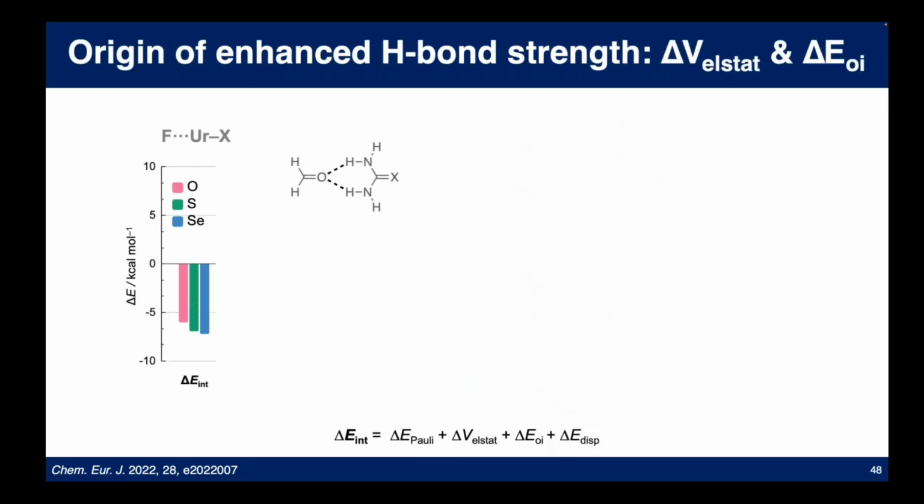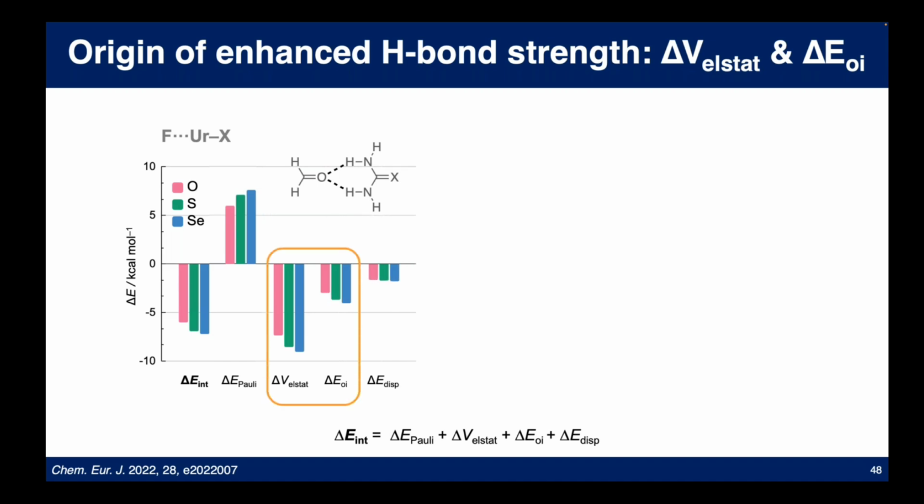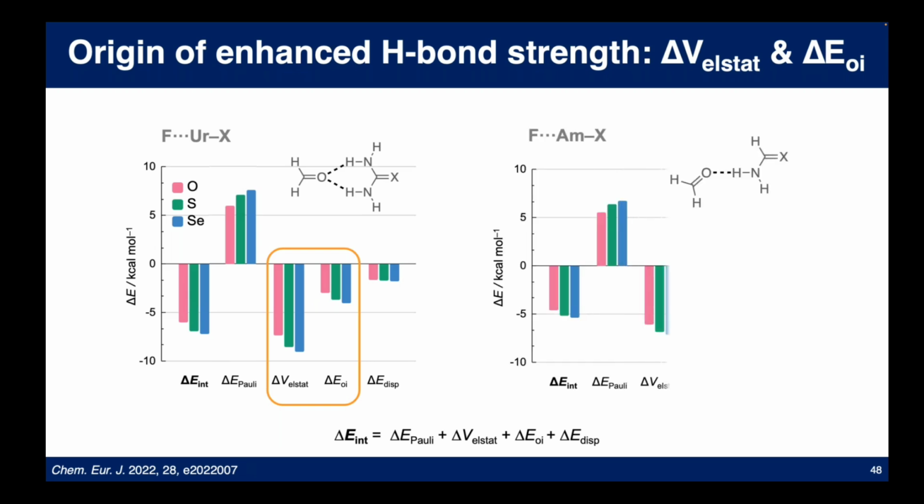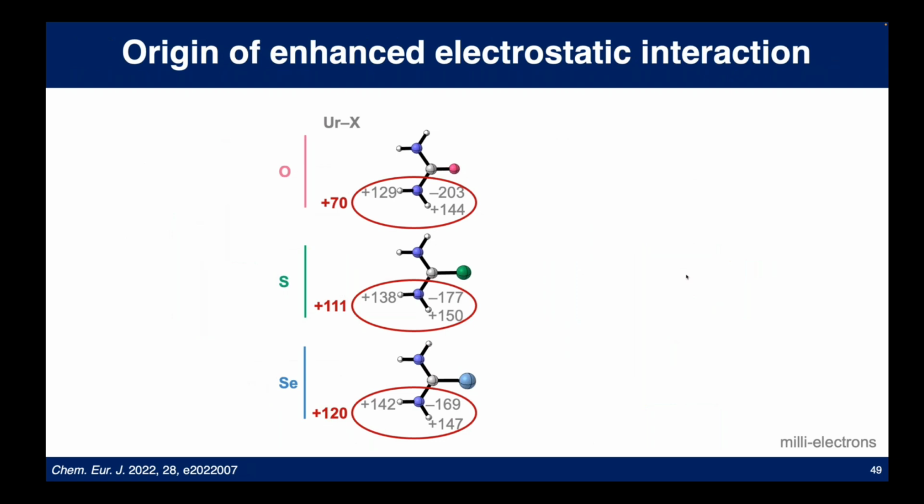So we did an energy decomposition analysis to see the terms, and indeed they are all stronger for selenium than for oxygen, and the same holds for the amide. So we tried to understand this. So why is the electrostatic interaction stronger in this case?